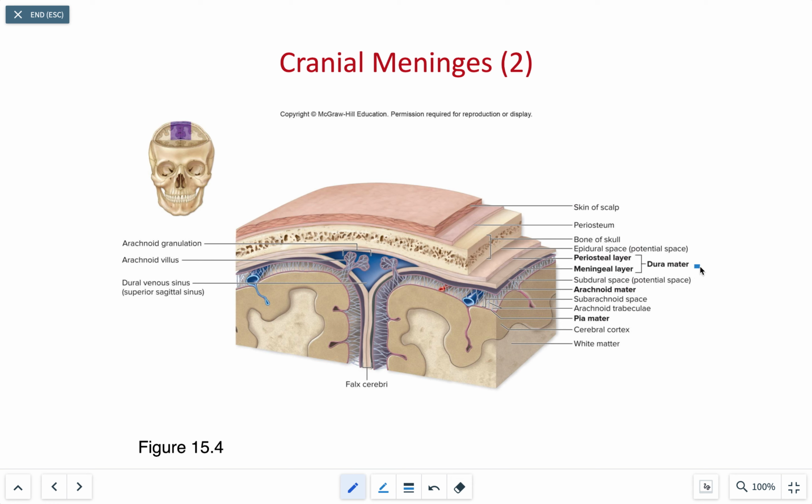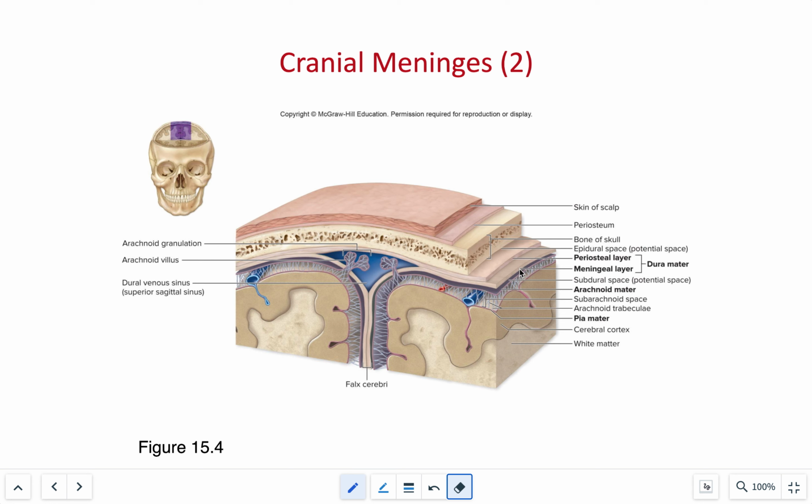And finally, the last layer, the most superficial, is the hardest one, or the most protective layer. It's composed of dense irregular connective tissue, and it'll have 2 layers. The innermost layer is called the meningeal layer, and the meningeal layer is important.